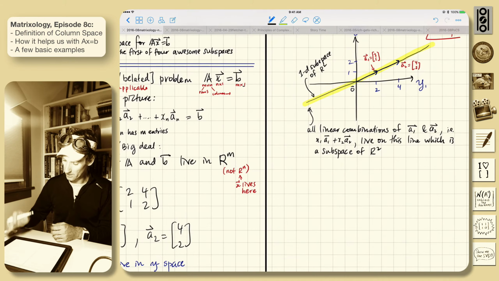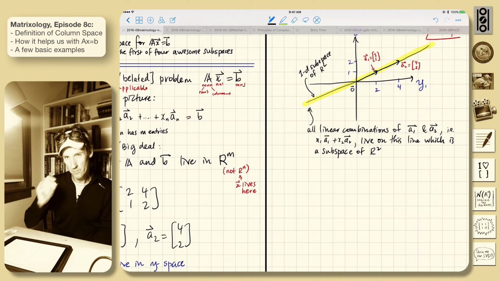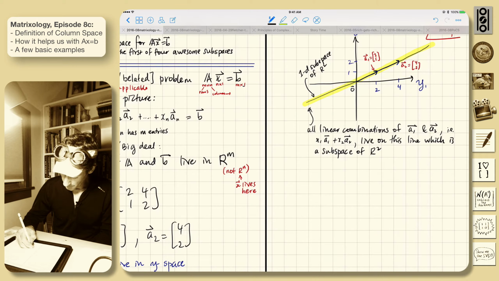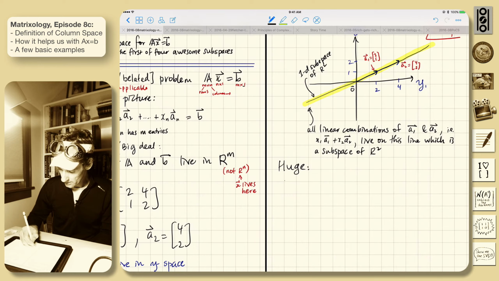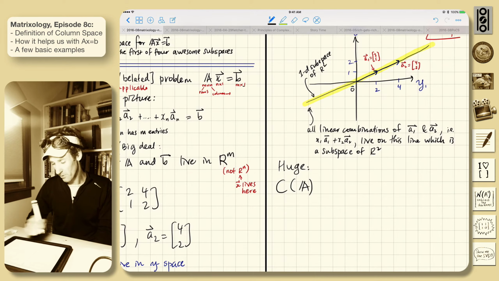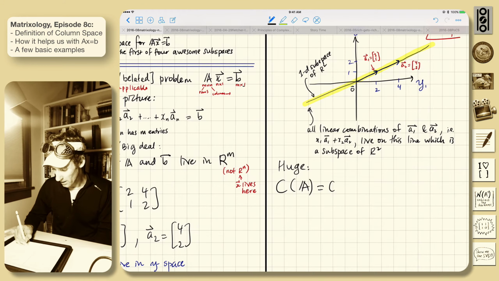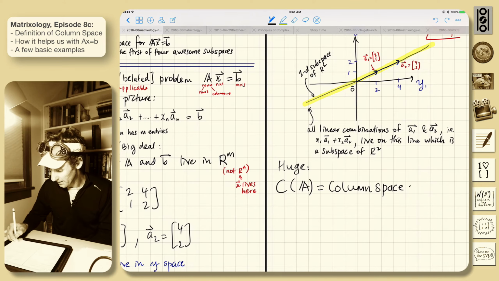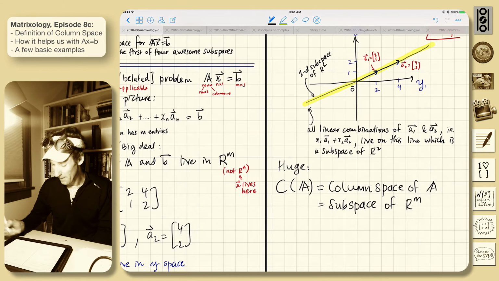So, very important, notation. This is huge. C(A). C stands for column. So we're doing a good thing here. C(A), which equals the column space of A, which very generally is a subspace of, this is something you must get into your head, Rm.